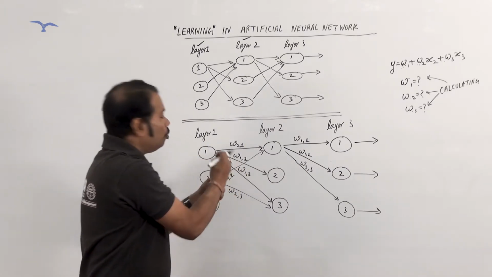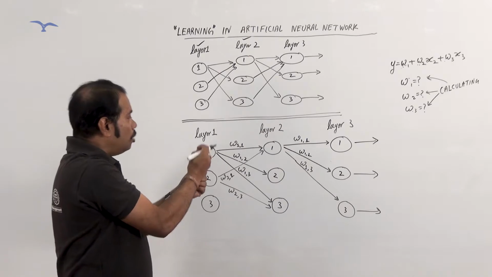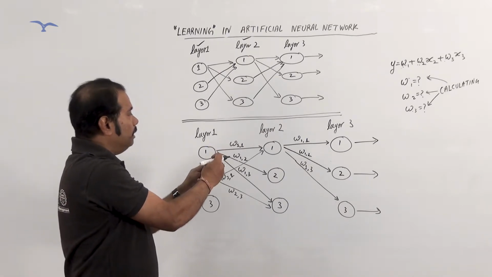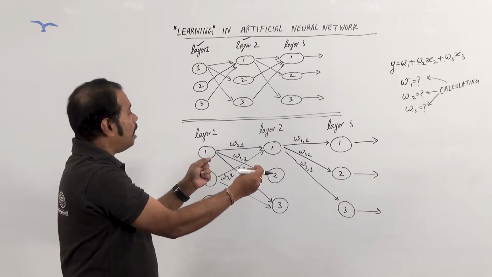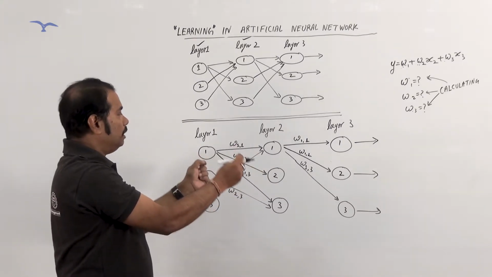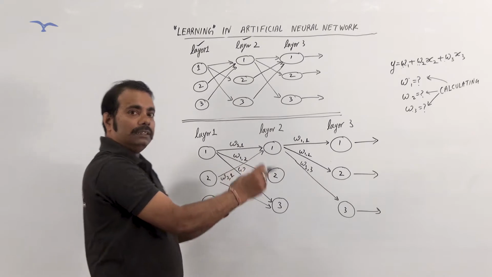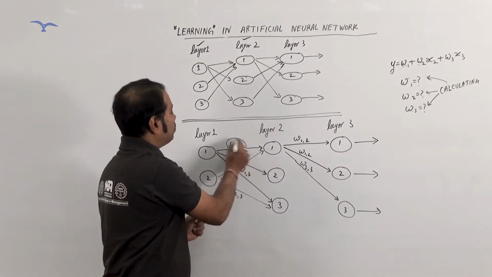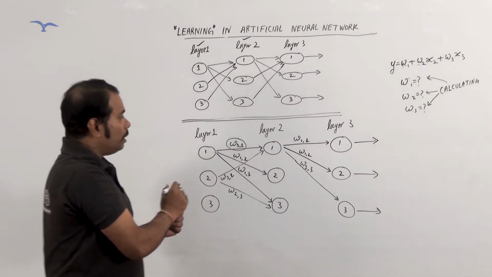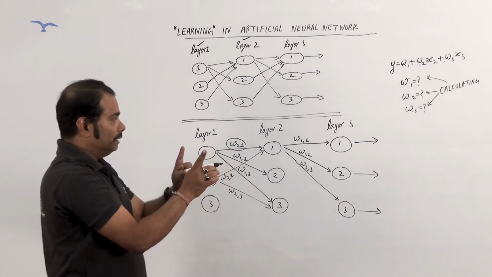So how do we control that? The output from one neuron comes to the next neuron as an input. How do you signify that a particular input is important or not important? With the help of weights. So we have 3 things to learn here.